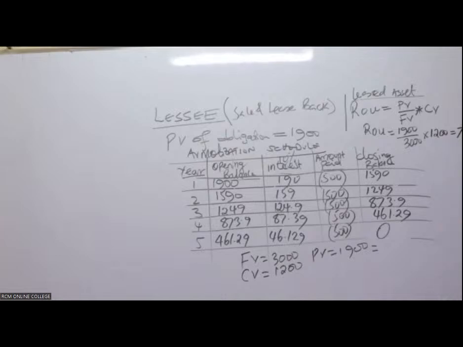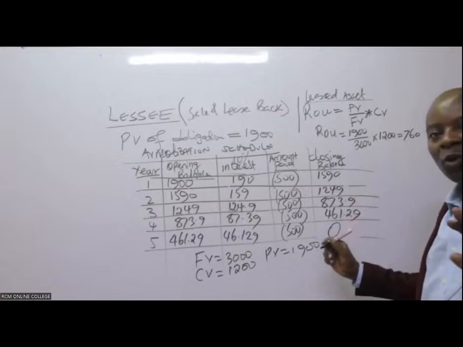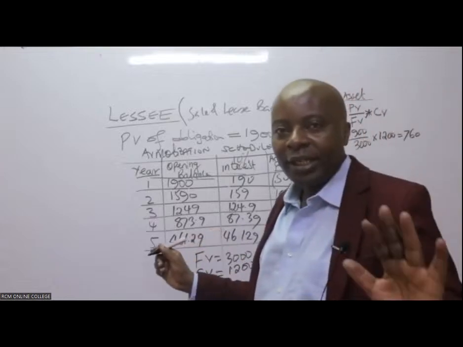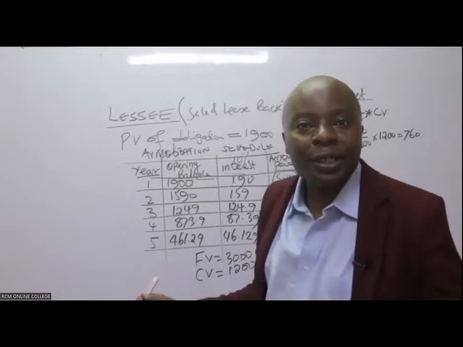Now, ladies and gentlemen, remember the moment I get this 760, this is a leased asset. It is as good as now belonging to the lessee. The lessee is the one who has the right of use, so the lessee shall depreciate it.